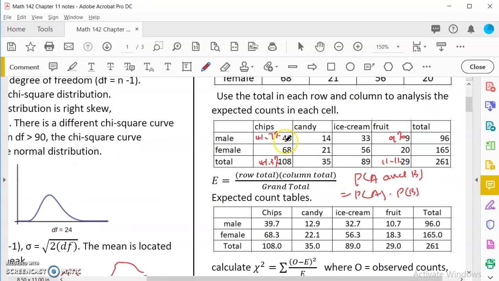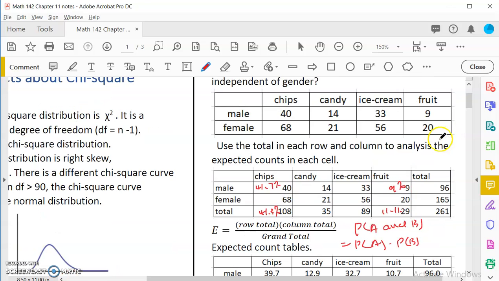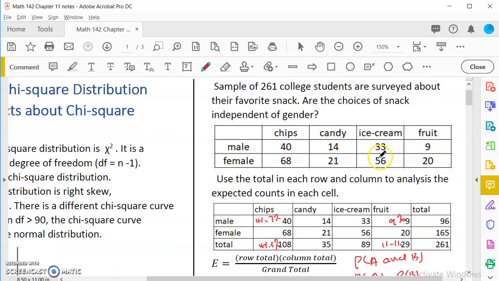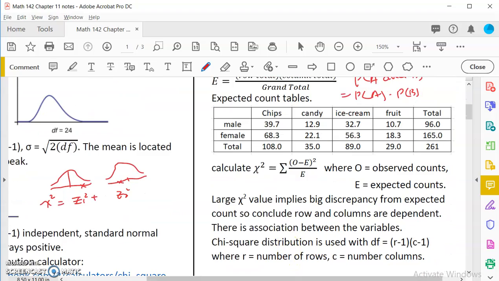Although we have 8 data, ignoring the total, the degree of freedom is not 8, even though you have 8 observed counts and 8 expected counts. You take the number of rows minus 1, times the number of columns minus 1, so it's 3 times 1, which is 3. Okay, so that's how you do it.